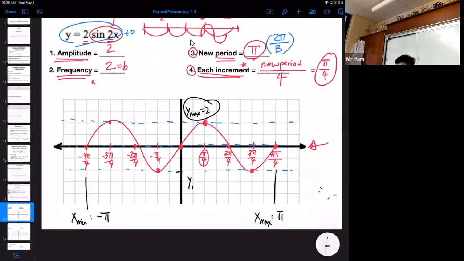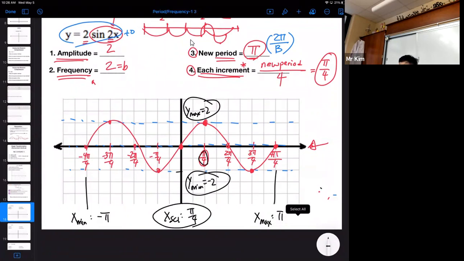If you get the exact same thing as you see up here, then you are in good shape. Oh, and by the way, make each x scale pi over 4 now, because that's what you made each increment to be. This is kind of like x scale in a way.